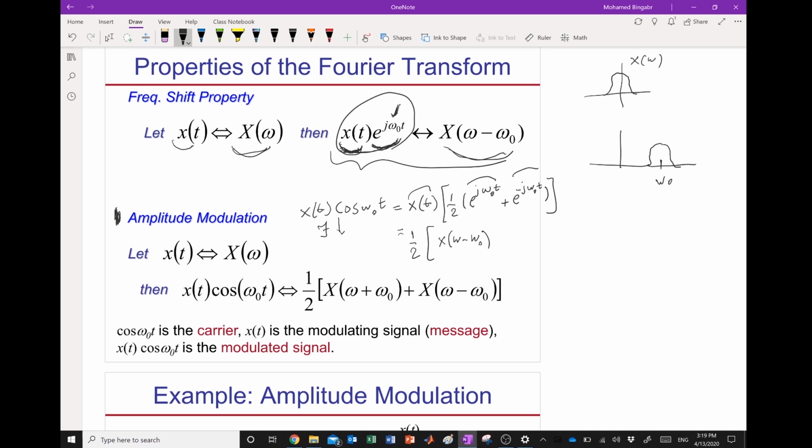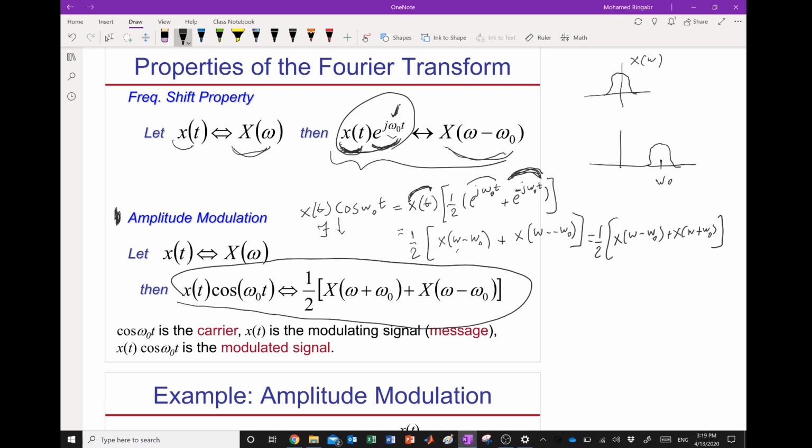We still have this quantity, x of t multiplied by e to the minus j omega 0 t. We're going to use this property, but instead of omega 0, now it is minus omega 0. So it will be plus x of omega plus omega 0. And when you multiply minus minus, you get plus. So this is this property.